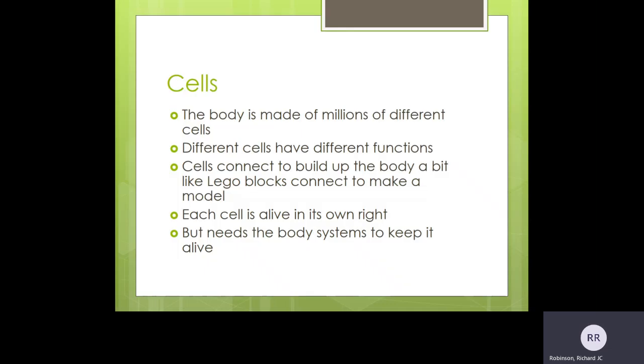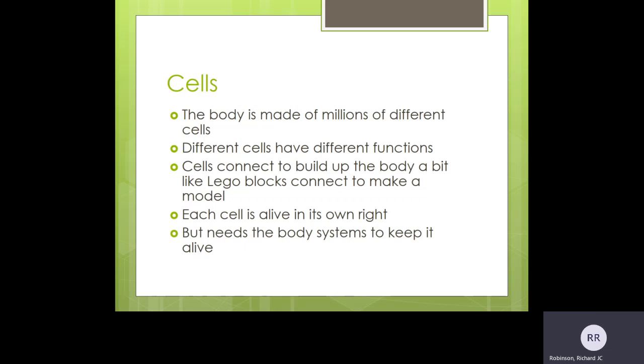So cells, your body is made of millions of these things. You have things like red blood cells, which carry oxygen around your body, white blood cells, which fight infections. You have brain cells, which of course are sending electrical impulses down through my nervous system to my muscle cells, which are causing my muscles to contract, which of course is how I can actually talk to you.